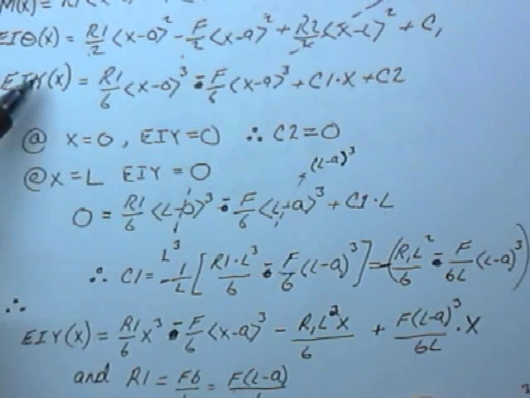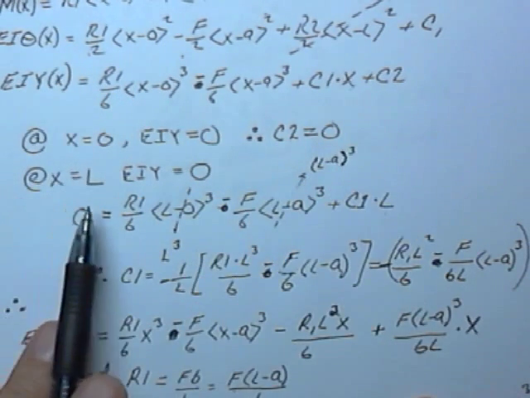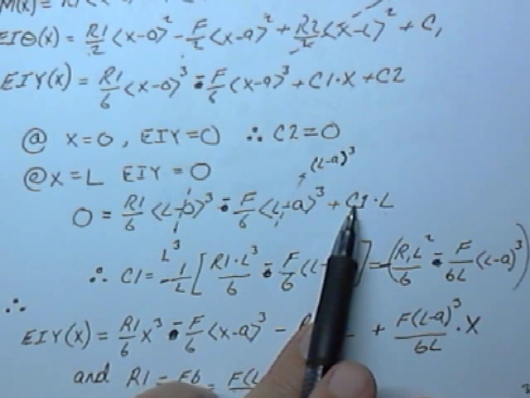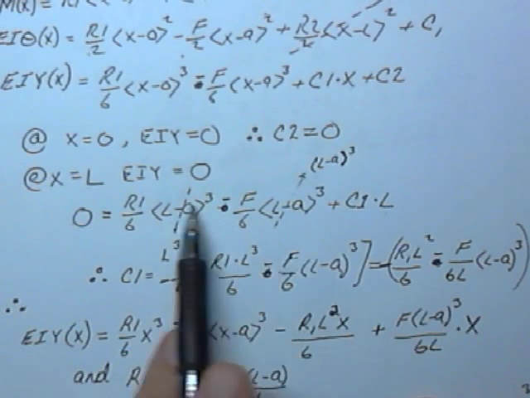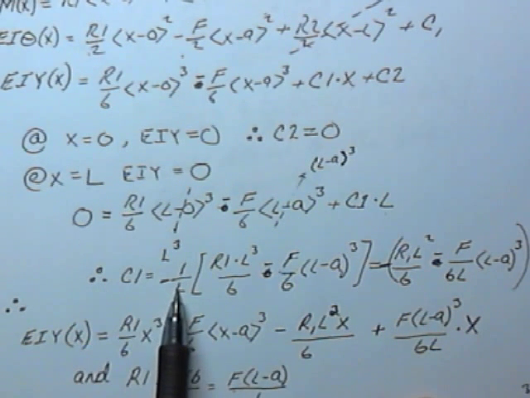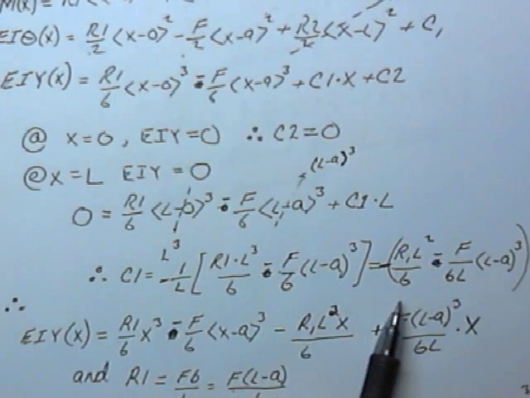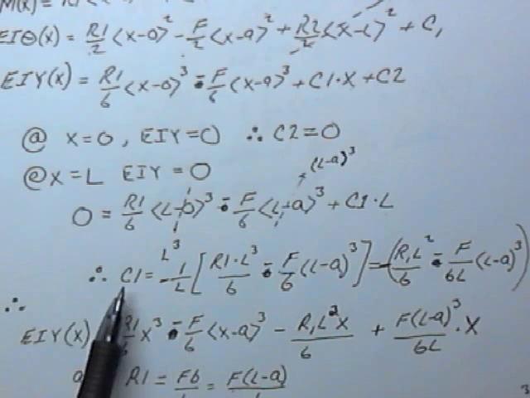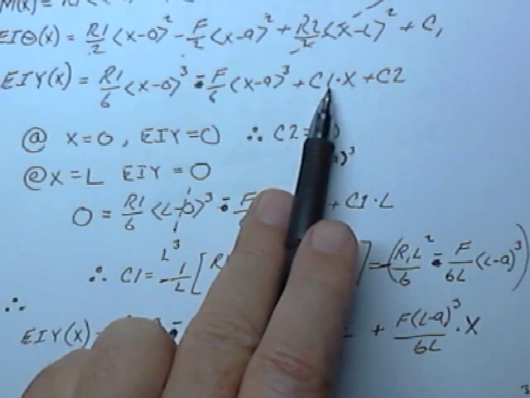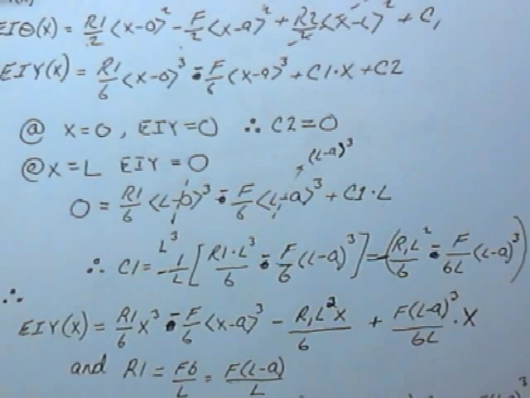At x equals L, we plug in x equals L everywhere, and doing that we can solve for C1, and C1 is these two terms divided by that L, with a sign change because everything went over to the other side, and then simplifying trivially. Now that I have C1, I plug it into that spot right there, and I have my new slightly expanded equation, my first two terms, and these terms right here are C1 times x.